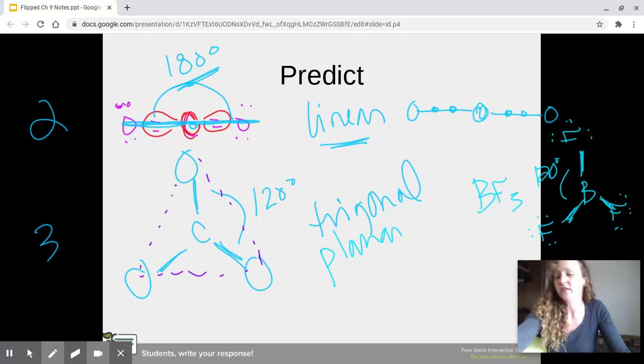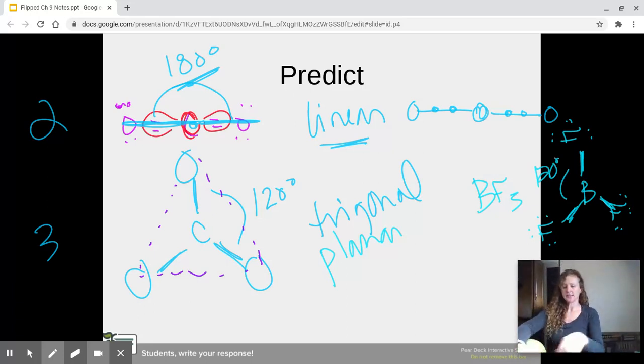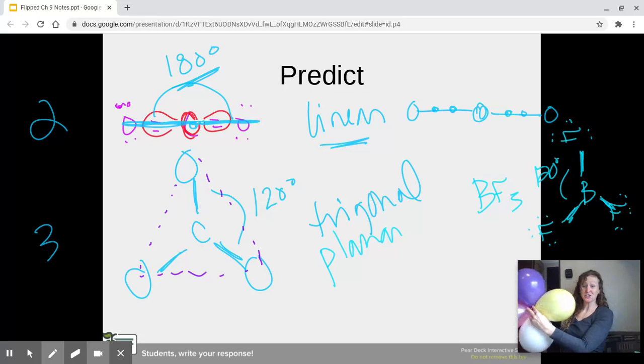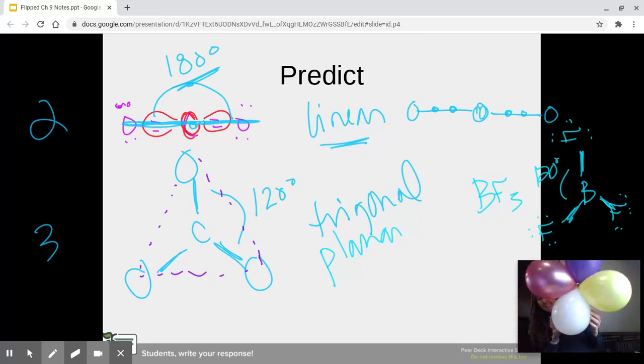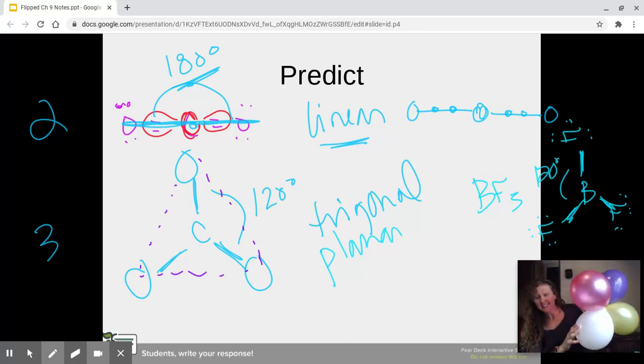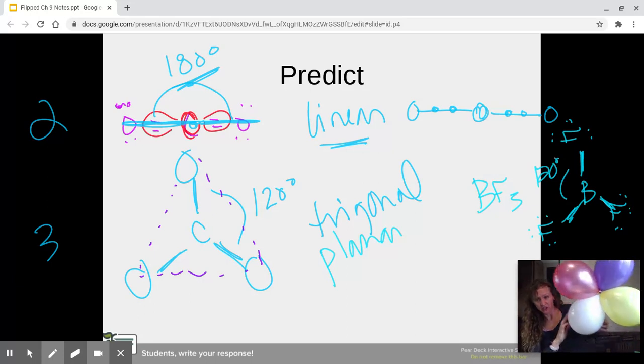All right, I'm going to move this even farther back so you can see this. Okay. And if you said 90 degrees, you are wrong. Okay? I can force it into 90 degrees, but this is not as far as the balloons can possibly get away from each other.